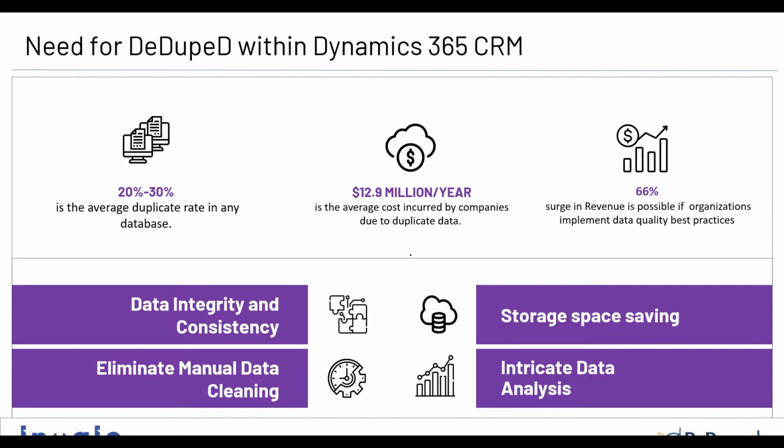And these duplicate records amount to somewhere around 13 million a year for a particular company. This is the cost that the company incurs because of duplicate data.